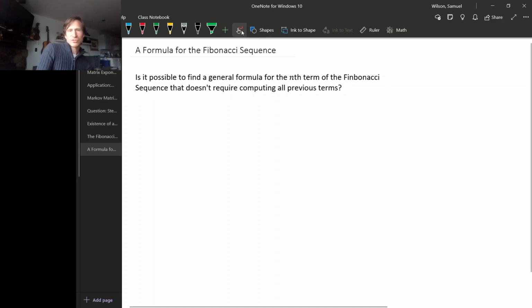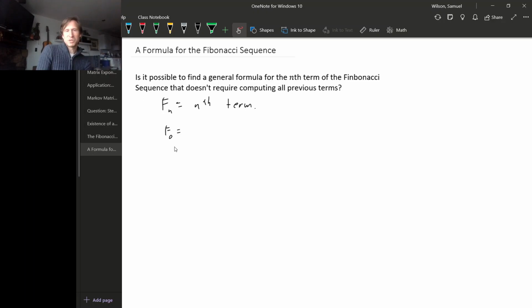let's write down the relationship that produces the Fibonacci sequence. So the Fibonacci sequence, right, we can call f sub n the nth term. So this means f sub 0, that's the number in position 0, and that was a 0.